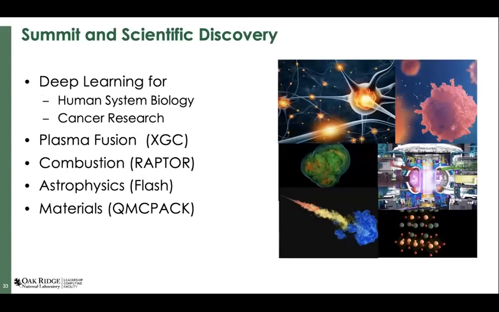So what has Summit been doing? We have been supporting different applications that would not have been possible in the labs in any facility. You have to use simulation to go beyond that level of prediction or computation.